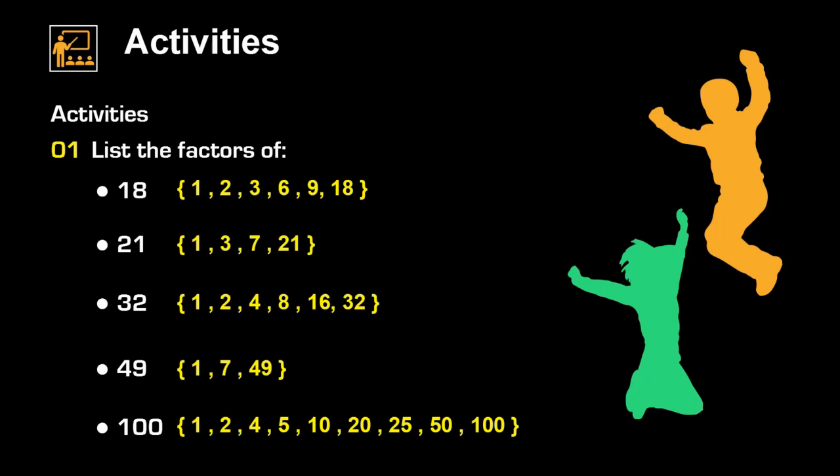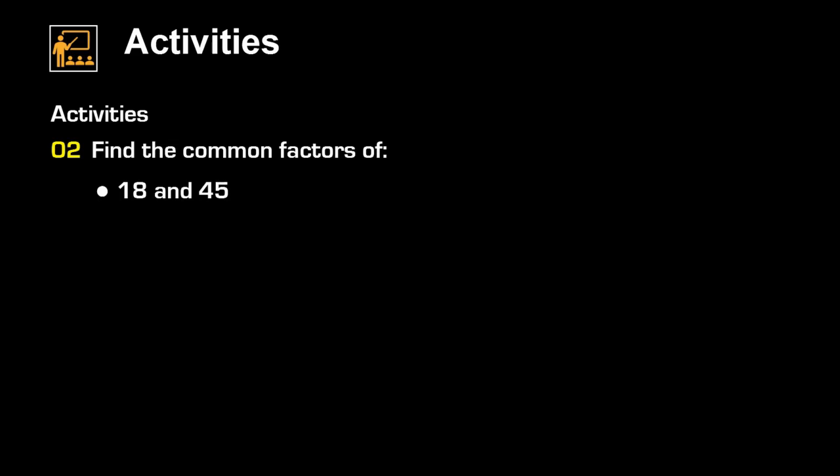Okay, some more activities. Now we're looking at finding our highest common factor, or our greatest common factor. So find the common factors of 18 and 45, 14 and 28, 15 and 10, 28 and 44, and 21 and 27.